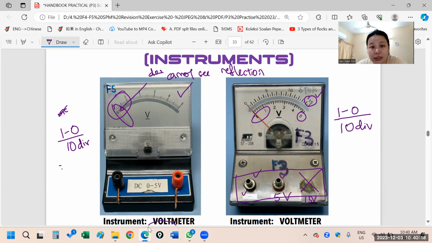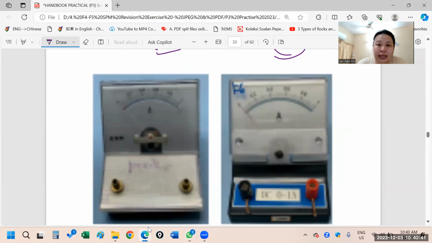If you see the pointer's reflection on the mirror, two pointers, adjust your eyes until you cannot see the reflection. Then I guarantee you are perpendicular, 90 degrees. Right, that is the method.